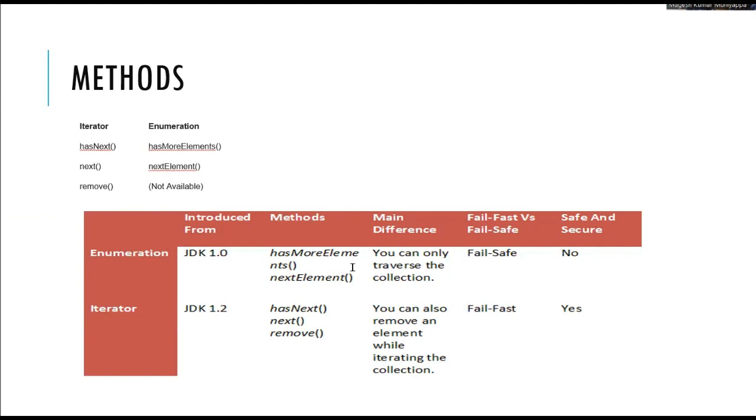Enumeration was introduced in JDK 1.0 and iterator in JDK 1.2. We also see that enumeration is fail safe and iterator is fail fast. Regarding safety and security, enumeration is not safe and secure, but iterator is.